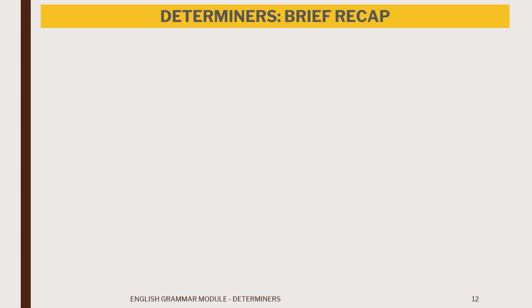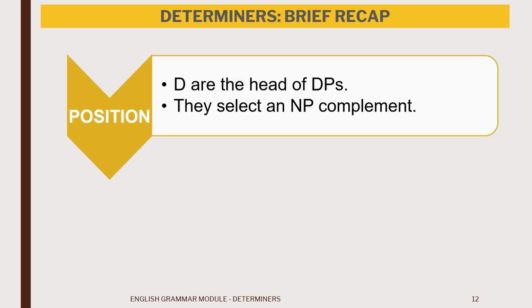So let's revise what we have said so far. As regards the position occupied by determiners, we know that this category is the head of a determiner phrase. That is, determiners project determiner phrases, and determiners select a noun phrase complement. And why do we need determiners?